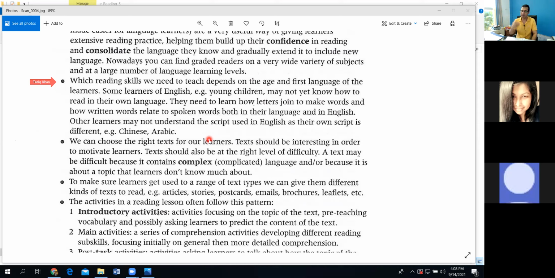But if there are some elder learners, then we can do it in a different way. So that is how it varies with the age, the language skills and the language level the students have. You don't teach in one way. Every level is to be taught in a different way, and you have to figure it out yourself.